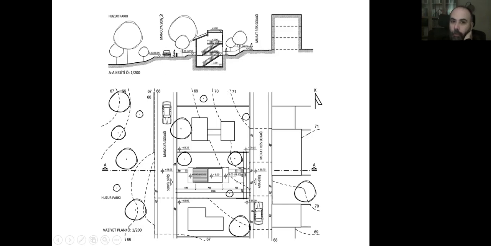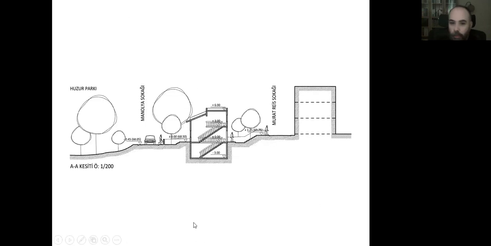Here, we need to write the names of the streets, and if we have places like park areas or important buildings, like historical or religious buildings or any other types of buildings, we can write their names on the plan and on the section as well.